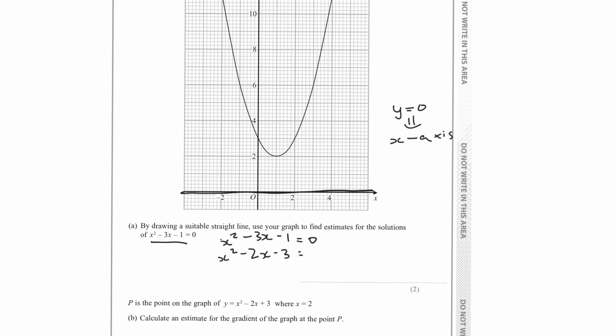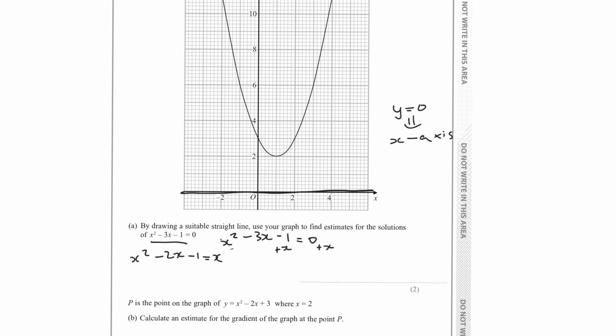is equal to y. So first of all, to make these two equations similar, what we can do is if we look at the one that we've been given in part A, if we were to now take away or add x to both sides, we would end up with x squared minus 2x minus 1 is equal to x.